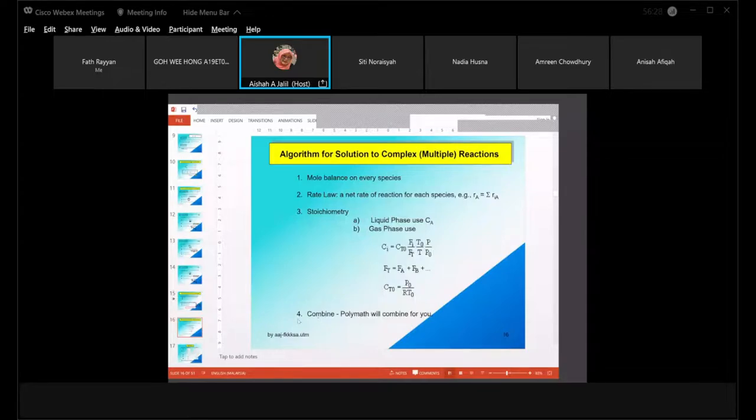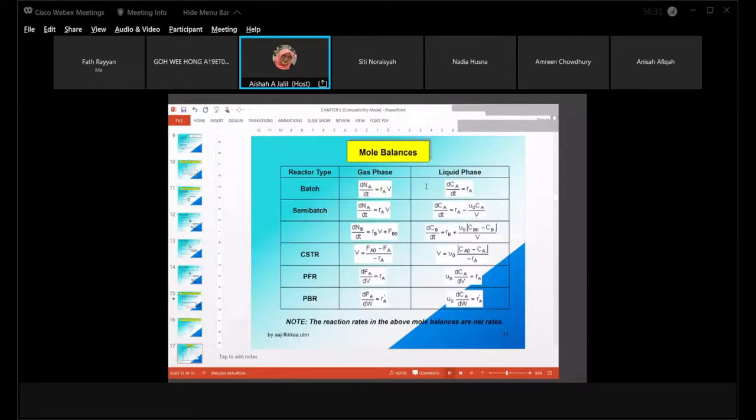And then Polymath will combine for you. Okay, this is the mole balance, same as before, but we do not touch semi-batch. We just touch batch, CSTR, PFR, and PBR. This you all know.